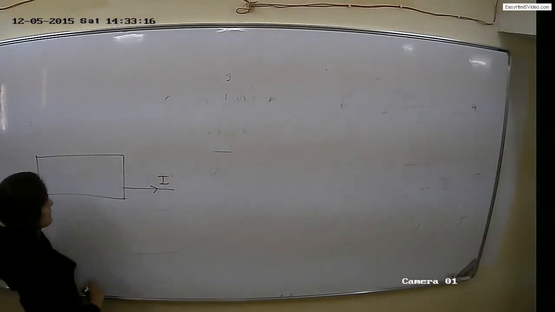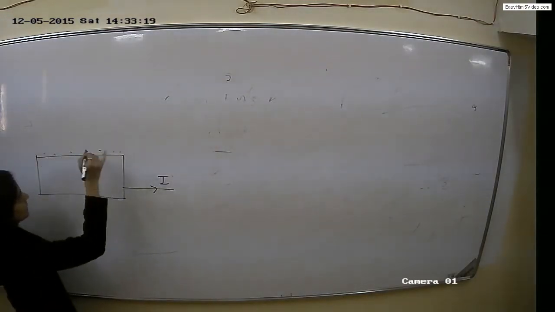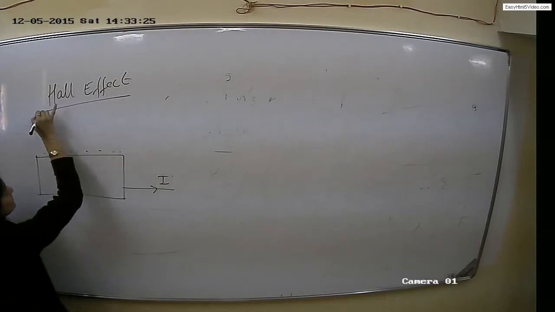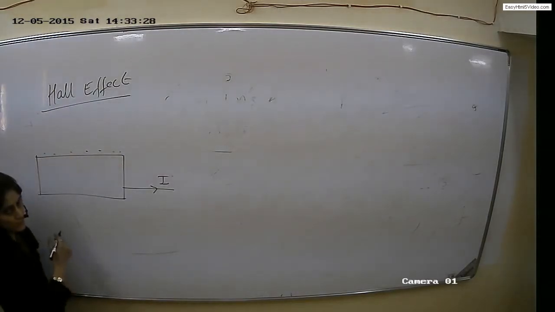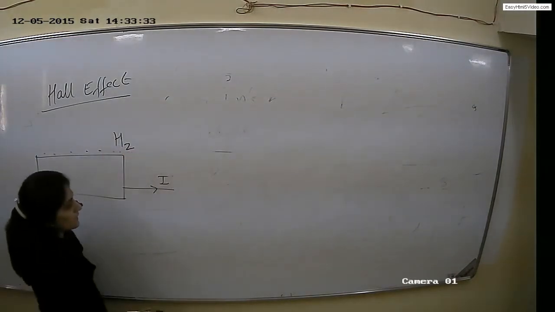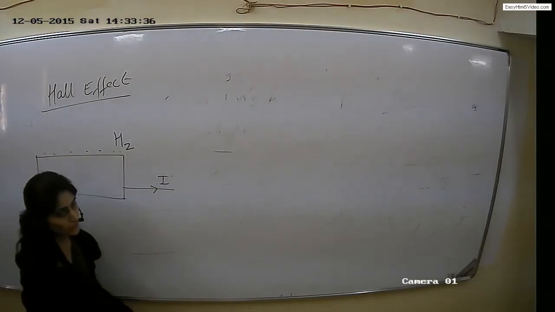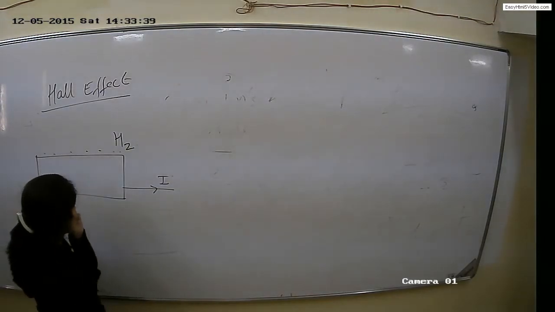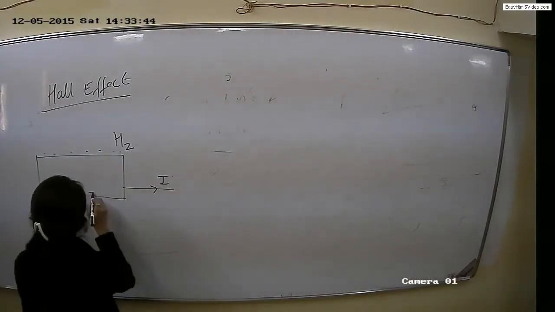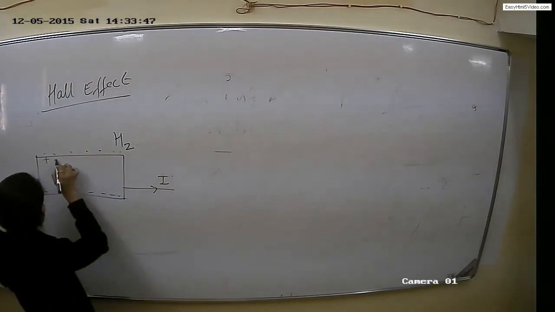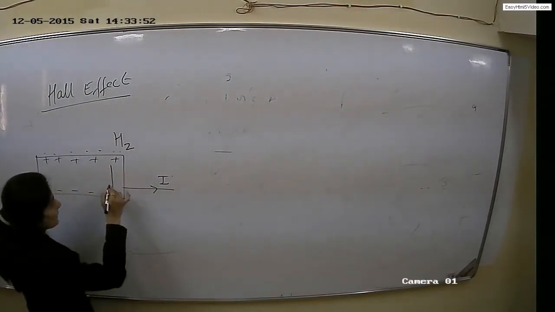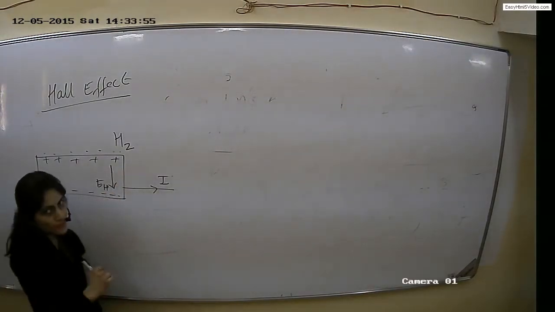When this current carrying conductor is placed in a magnetic field, then we know that in conductors the charge carriers are electrons. So electrons will experience Lorentz force and will accumulate at the lower end, and positive ions at the upper end of the conductor, due to which an electric field is developed, which is in the negative direction.